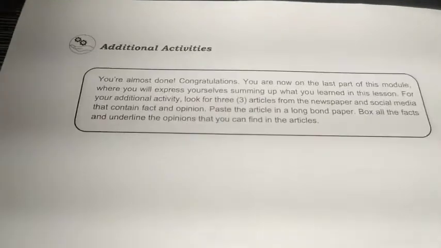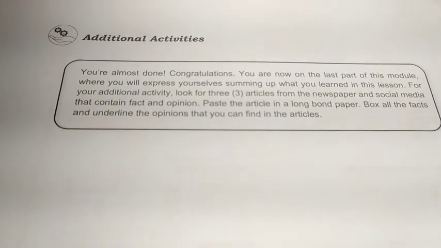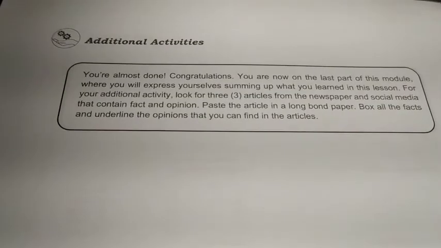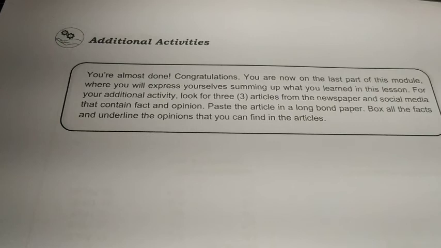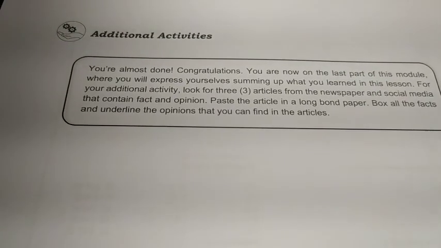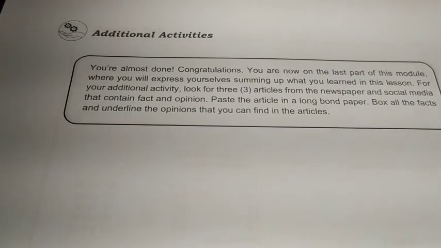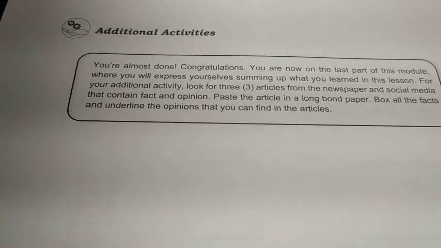So the maximum is 3. But if you will have 1, it's okay for me as long as you will submit it. So if you don't have a printer at home, you can write it on a separate sheet of paper, then box the facts, then underline the opinions.